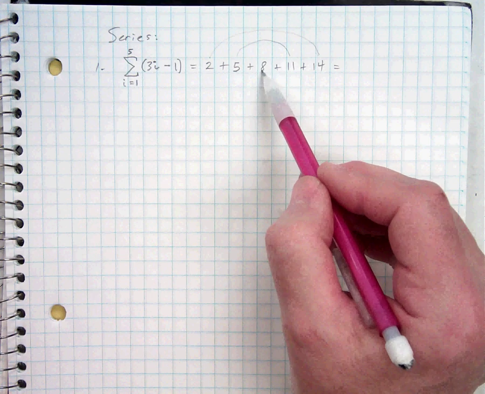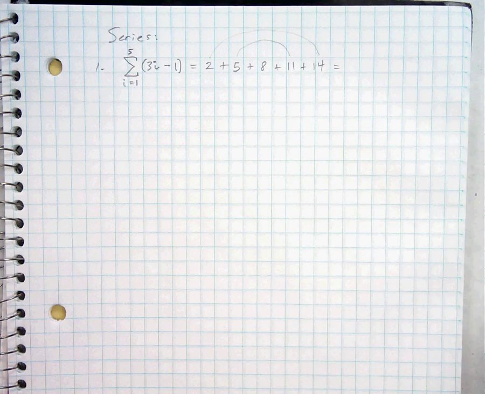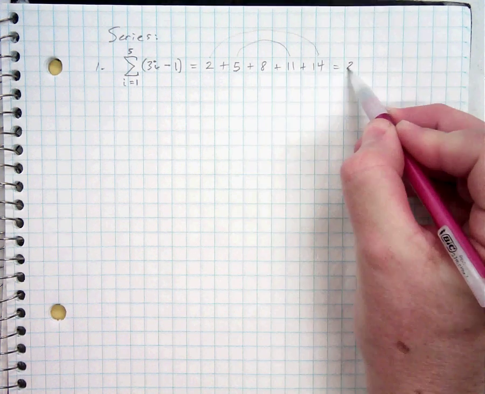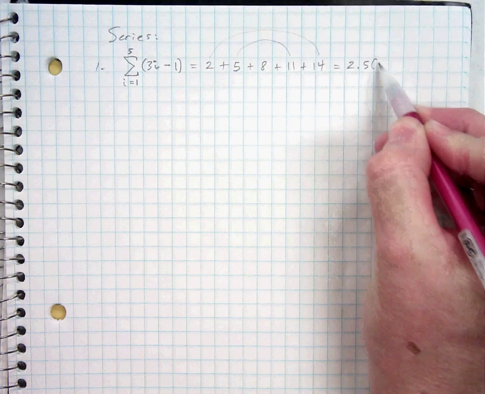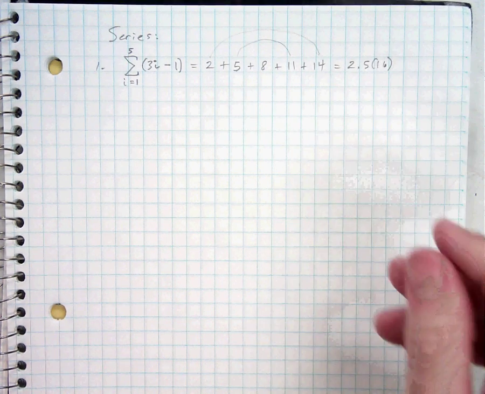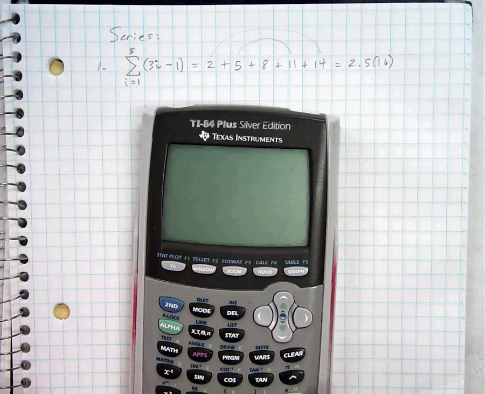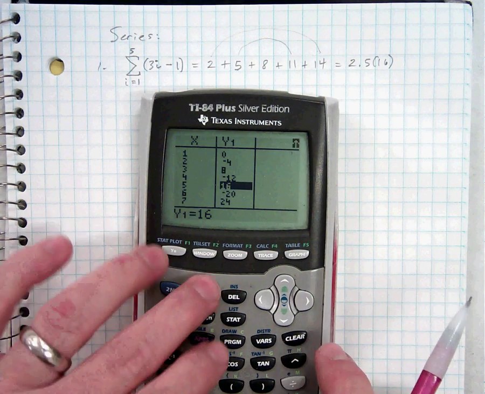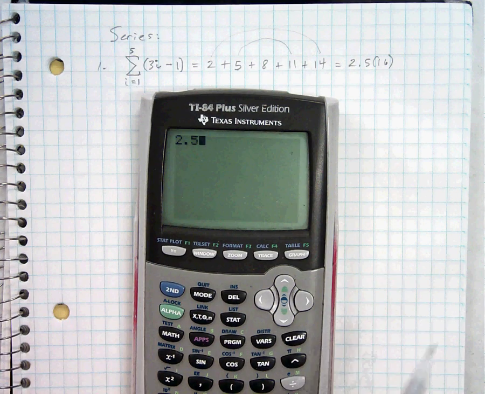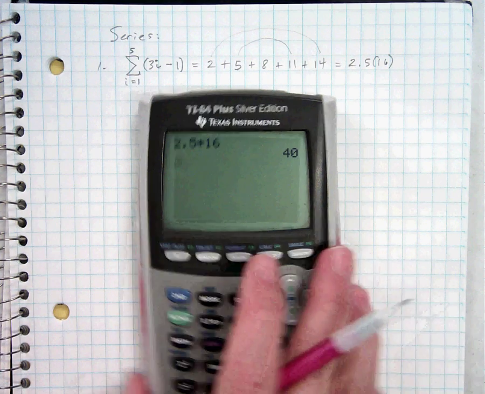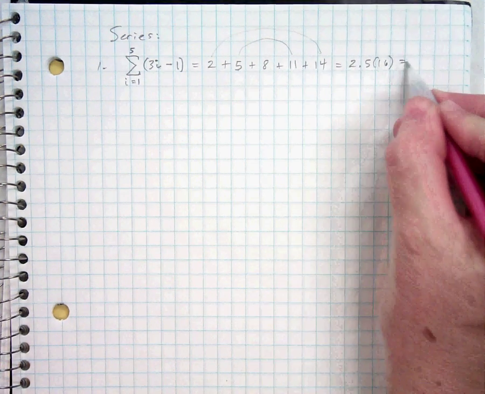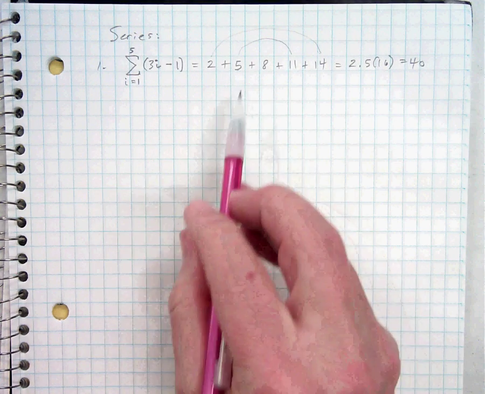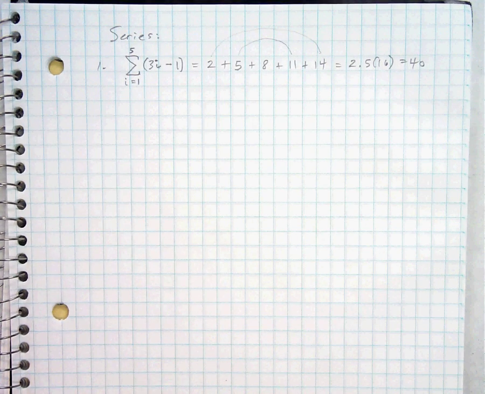And then this leftover one is half of 16. So we basically have 2.5 16s, don't we? So 2.5 16s adds up to 40. And you could just add them up if you want, but that's the shortcut, and we're going to do more with that later when we talk just about arithmetic sequences and series.